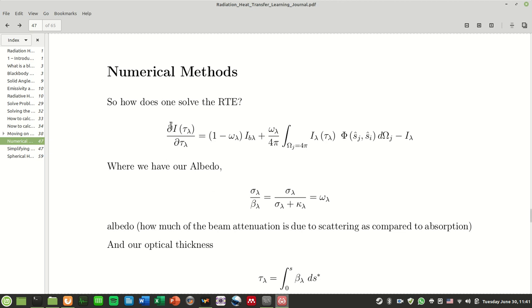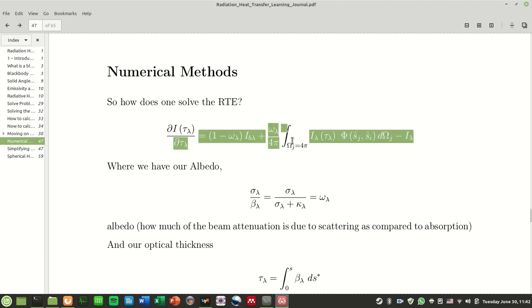This is how the radiative intensity changes as a function of the optical thickness. As it passes through a medium, there are a few things that can happen to it. Firstly, if the medium is hot, then it will add to that radiation. That's what this term here is for.